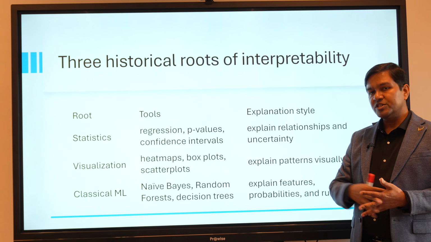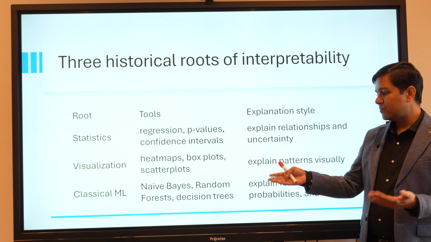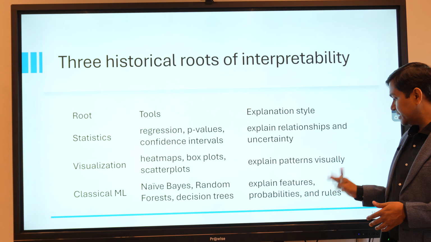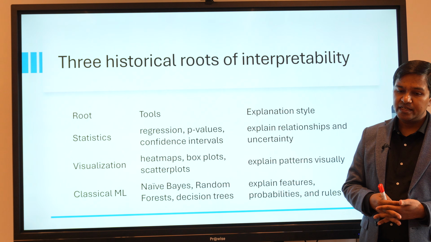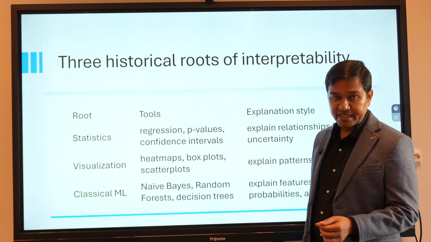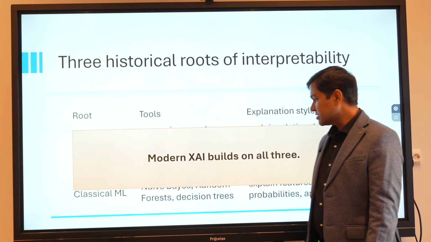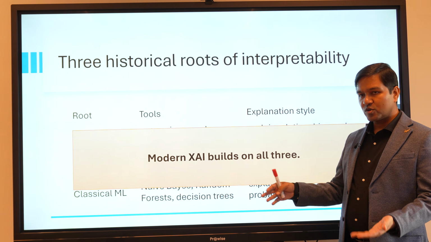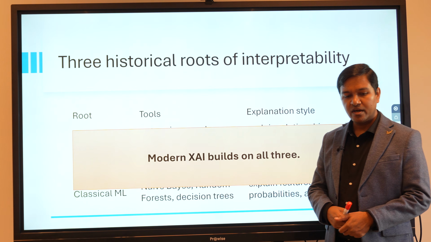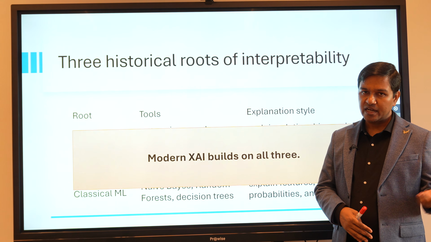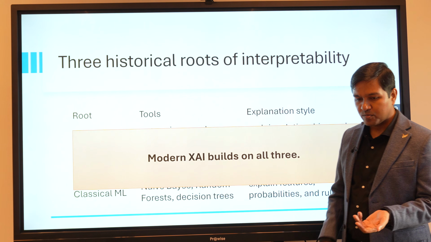Then classical machine learning approaches like Naïve Bayes, random forest, and decision trees can explain feature probabilities and rules easily. So modern explainable AI builds on all three of them: visualization techniques, classic ML, and statistical approaches.